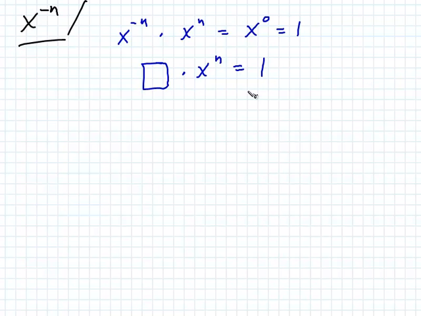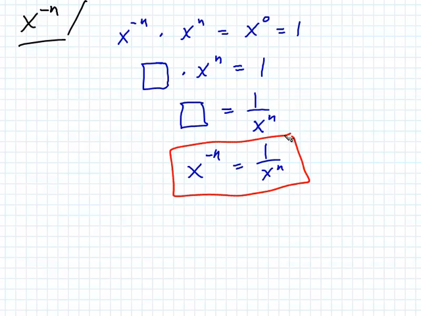Well, let's solve for the box. The box is equal to, divide both sides by this, 1 over x to the n. So we can say that x to the minus n is equal to 1 over x to the n. Okay? So, in other words, putting a negative on the exponent basically changes it into a reciprocal.